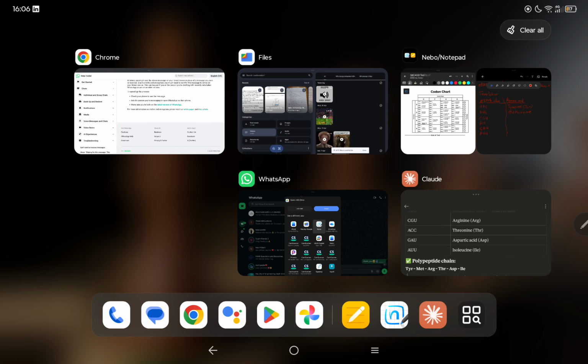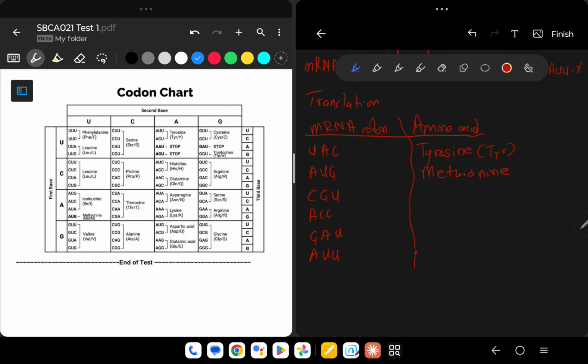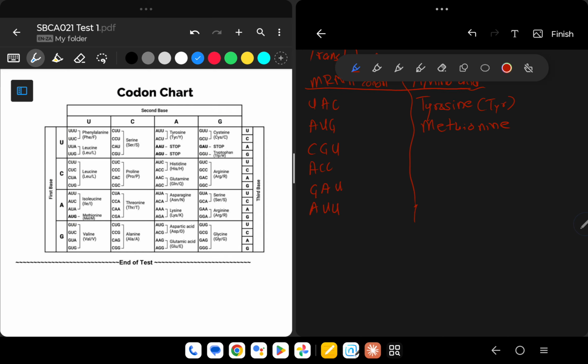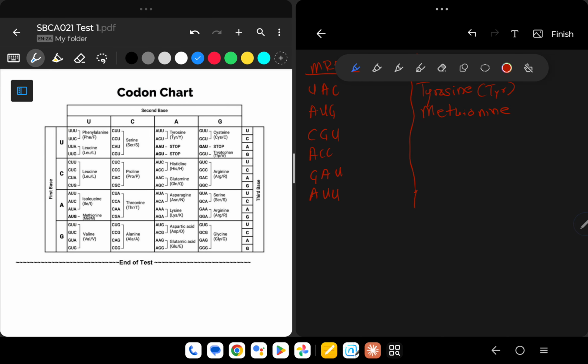And then CGU as well. You have CGU, which gives you arginine. And then you also have ACC, which gives you threonine.